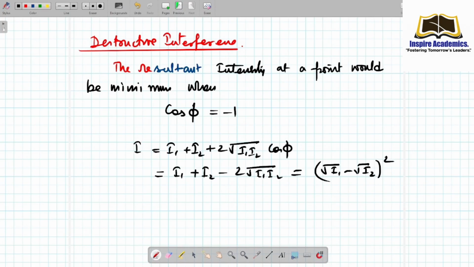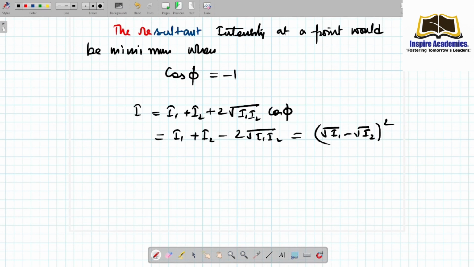So you can easily see if both intensities are equal, I1 equal to I2 equal to I, then what will be the minima? It will be 0. Understand? So in destructive interference it can become the minimum or even 0. So let us understand when it happens.